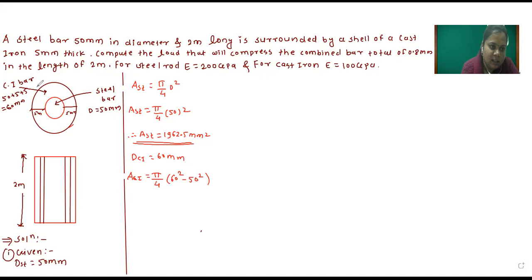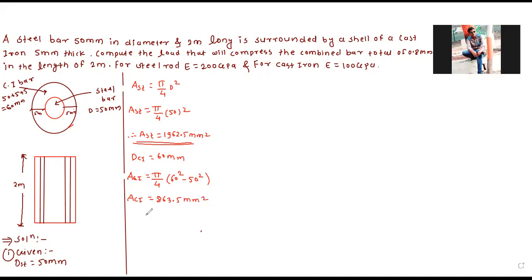Calculate and tell me. 863 mm square. Okay. So this is the area of cast iron.